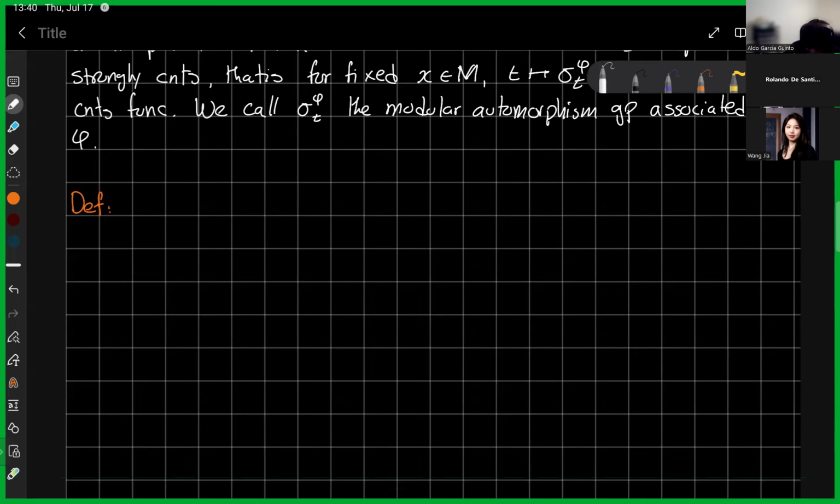So let t go to P_t be general automorphisms which are strongly continuous.